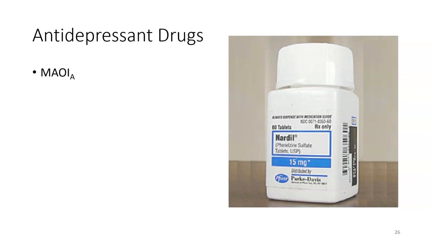This is type A. I talked about MAOIs type B being used to treat Parkinson's disease in chapter 12. MAOIs type A for antidepressant, they stop the enzyme monoamine oxidase that would break down specific neurotransmitters known as monoamines.